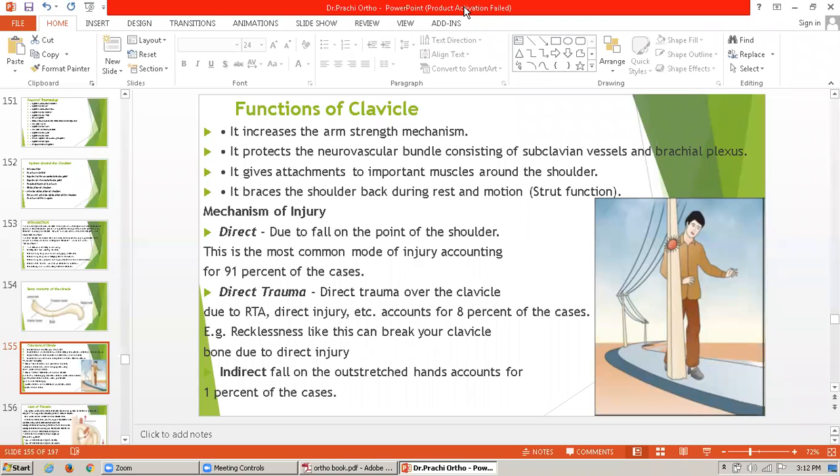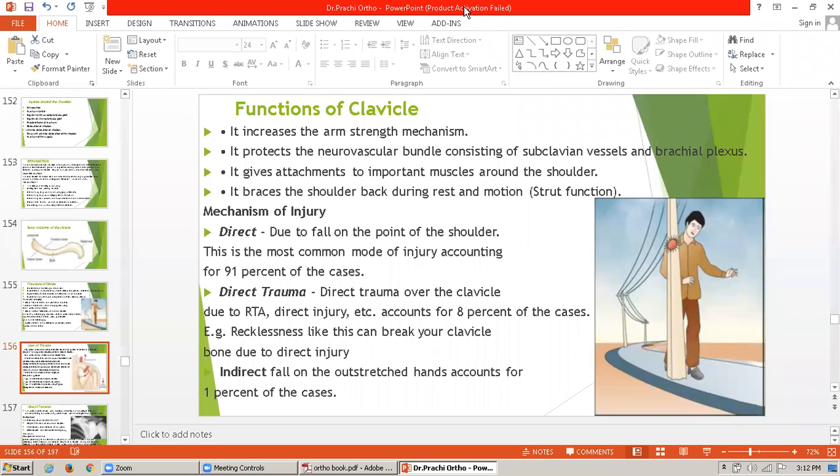For example, recklessness like this can break your clavicle directly. Indirect injury, a fall on the outstretched hand, accounts for 1% of the cases. So in this diagram, you can see the direct trauma to the clavicle.